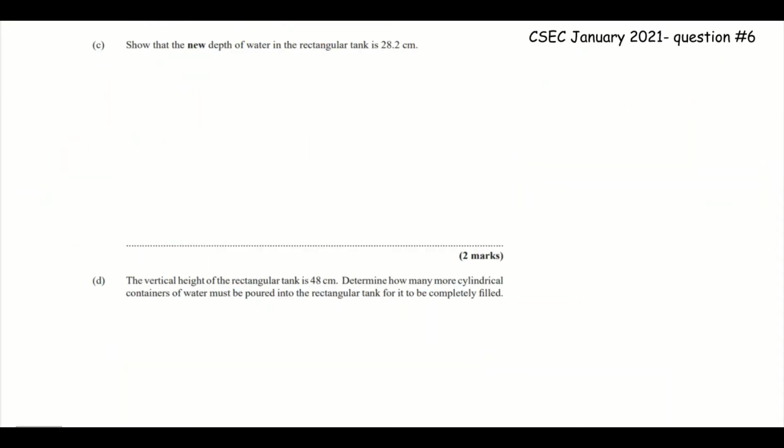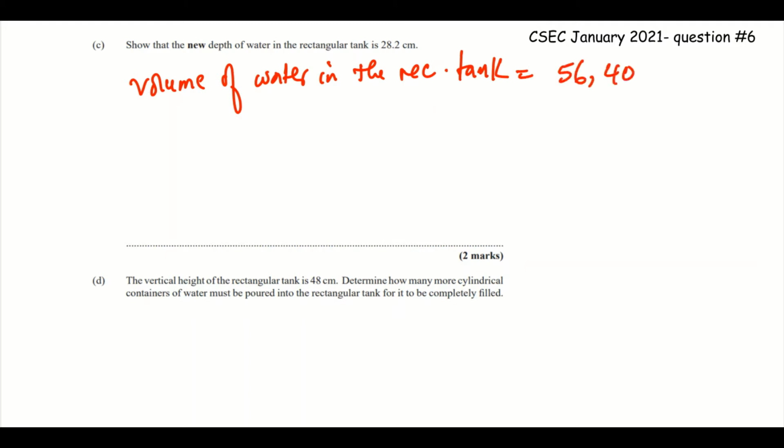So now let's write down what we know. What do we know? We know that the volume of the water in the rectangular tank is what? 56,400. So we know that the volume of water in the rectangular tank is 56,400 centimeter cubed.